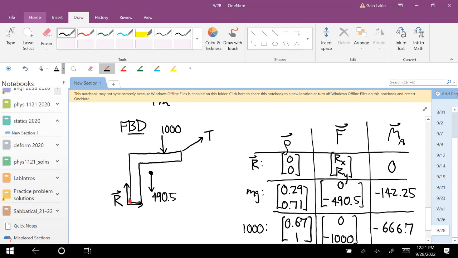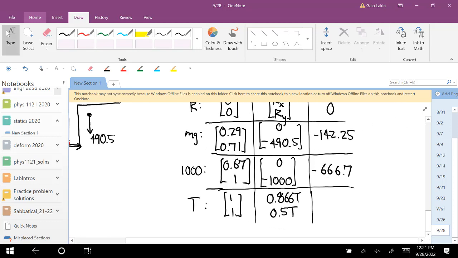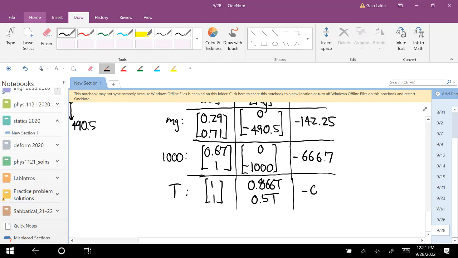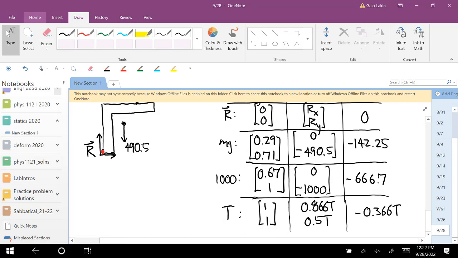So that vector you can represent as cosine of 30 times T, sine of 30 times T. So 0.866 T, 0.5 T. And the cross product is negative 0.366 T. Any questions about any of that?